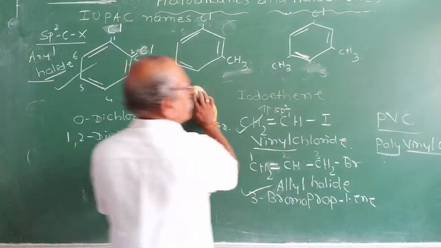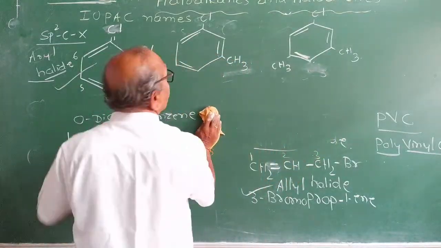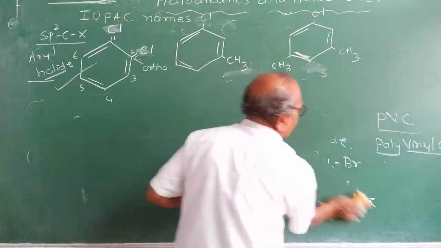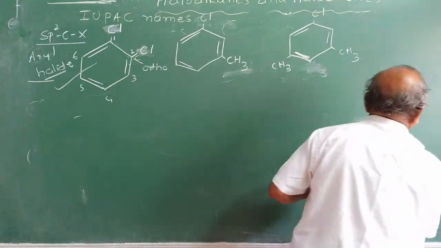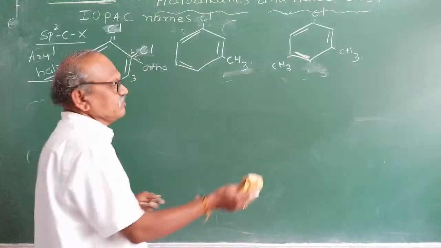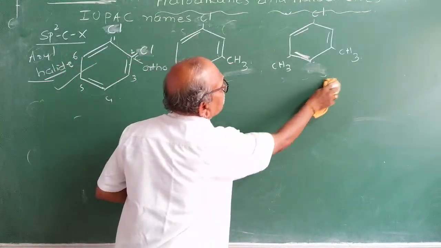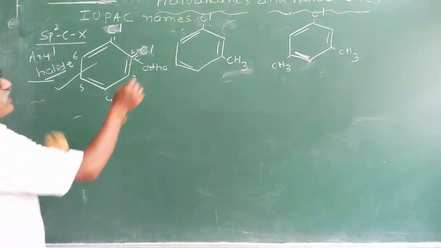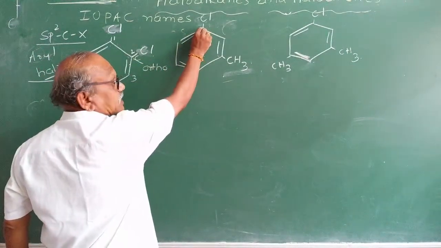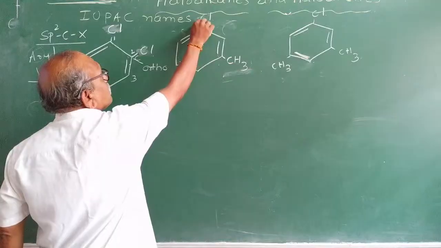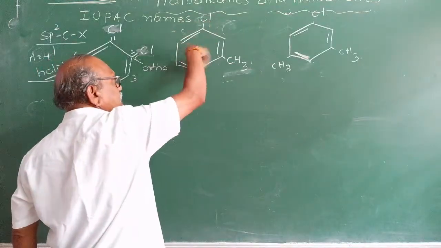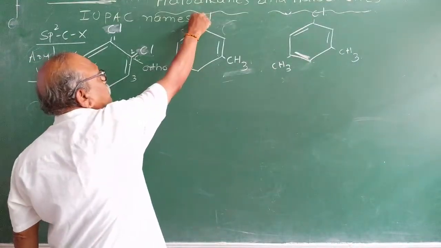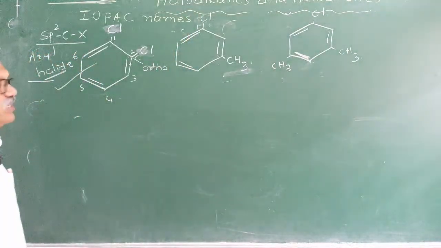What is the name of this aromatic haloarene? After learning the names of the haloalkanes, you have to learn haloarenes this year in the first chapter. See here, there are different groups, right? In the common name, this is chloro. What is the basic name? This is chlorobenzene, because the first carbon atom you take as the main chlorobenzene.